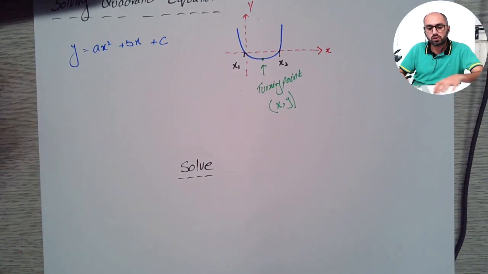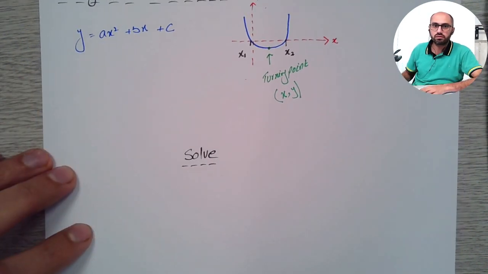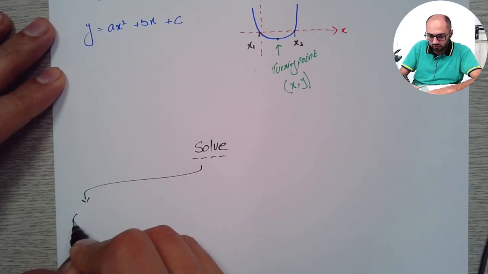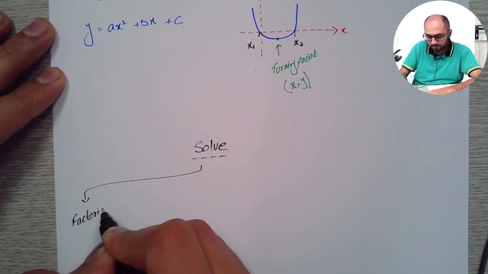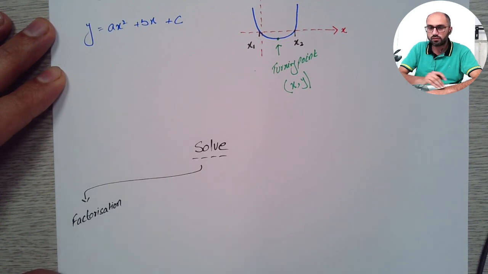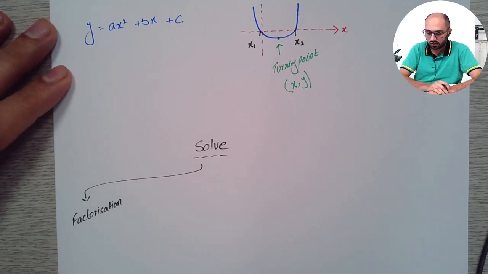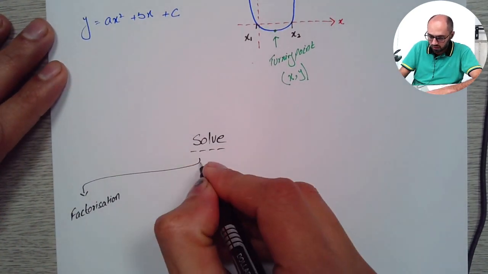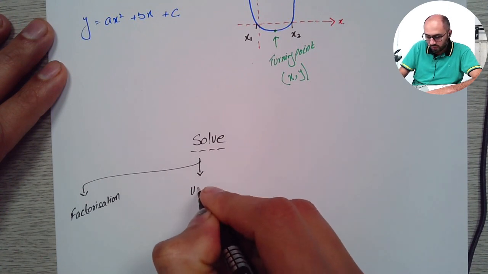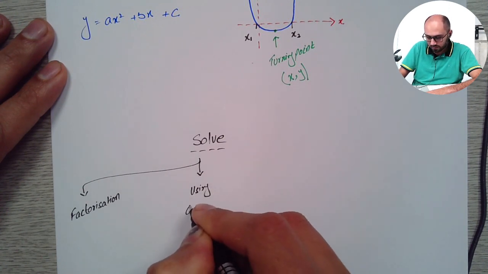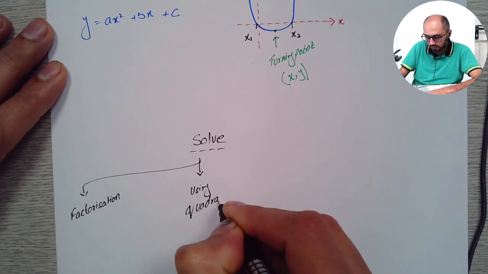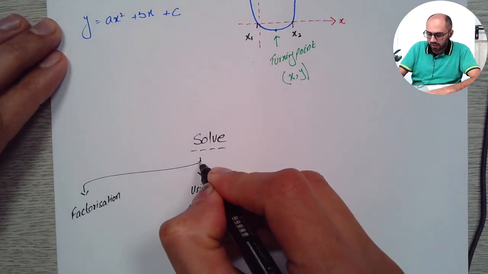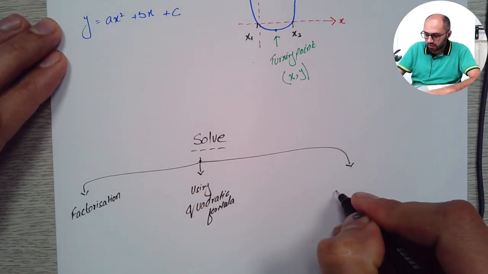When it comes to solving quadratic equations, we have three different methods available to us. Method one is called factorization. You will have to factorize the given quadratic equation and then you will be able to work out the values of x1 and x2. Method two is using the quadratic formula. The third method is the completing the square method.